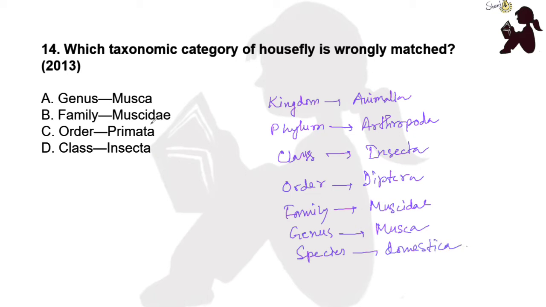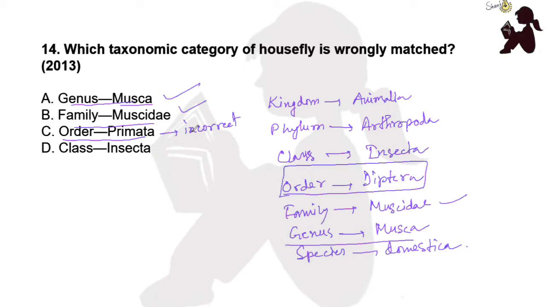Okay, so if you see the options, first genus Musca, genus Musca is right. Okay, then the family Muscidae, this is also right. Correct statement. Okay, then order Primata, this is the incorrect statement because the order of the housefly is Diptera.